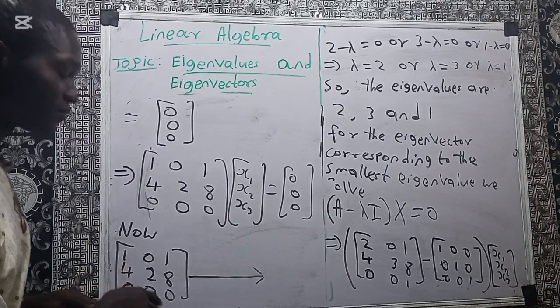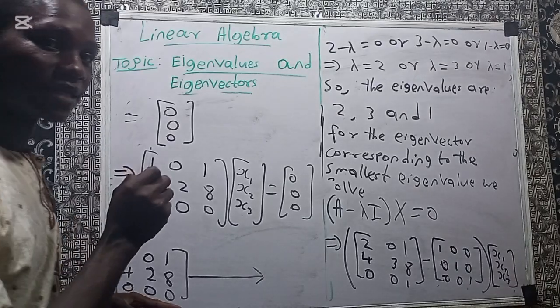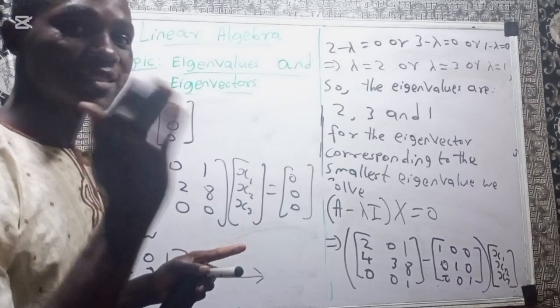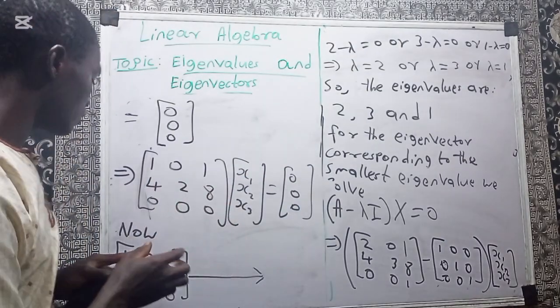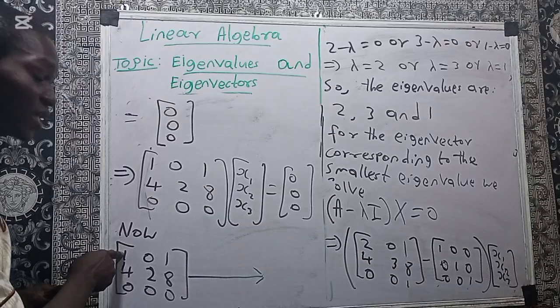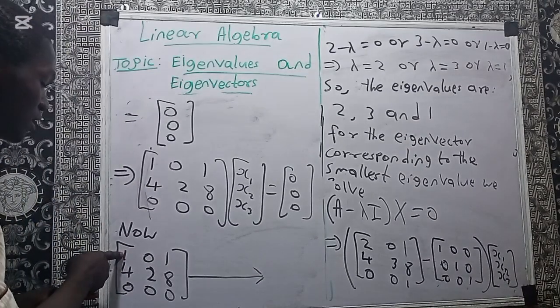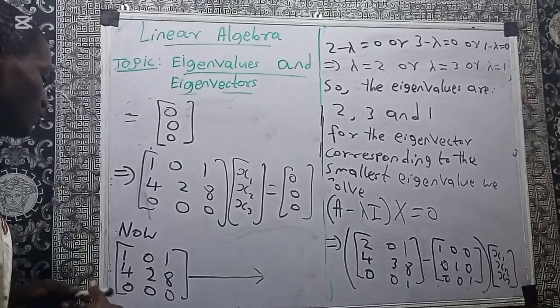So how do we make this 4 to be 0? Since this 4 is positive, I know that negative 4 plus this positive 4 will give us 0. So basically, I will make the first entry in row 1, which is 1, to be negative 4, so that I can add it to this positive 4 and get 0.